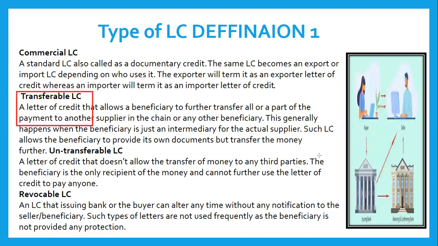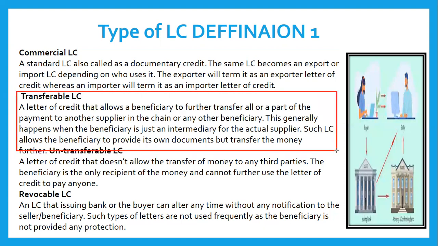If you see the definition, it is a letter of credit that allows a beneficiary to further transfer a part of the payment to another supplier in the chain or any further beneficiary. For example, we are the supplier of a product, like we export shoes, and for manufacturing these shoes we have bought some raw material from another supplier.